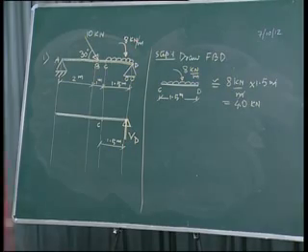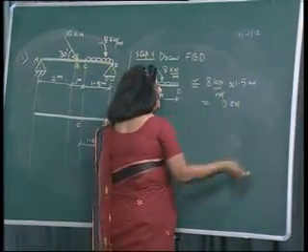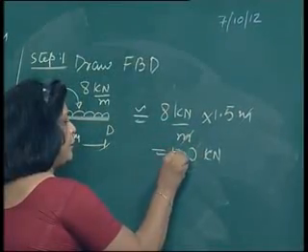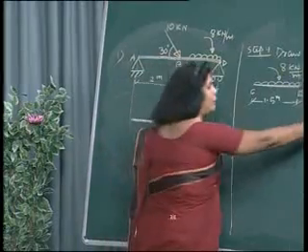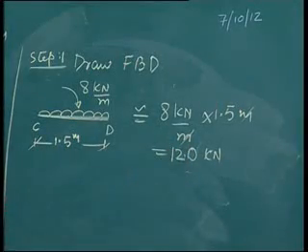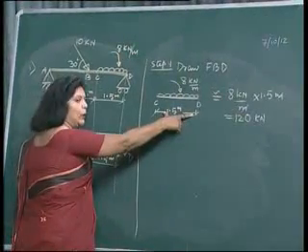That is, a 12 kilonewton force will be acting on the beam. Now, where will it act? This 12 kilonewton force will act at the center. Which center? The center of the UDL span.